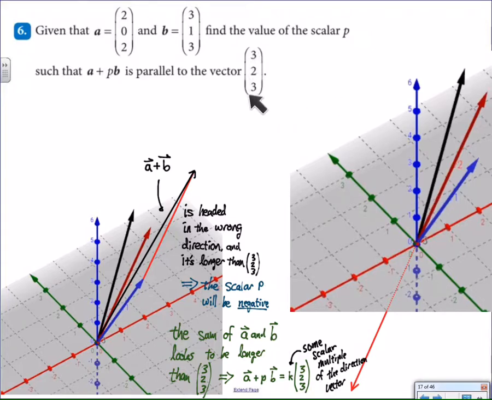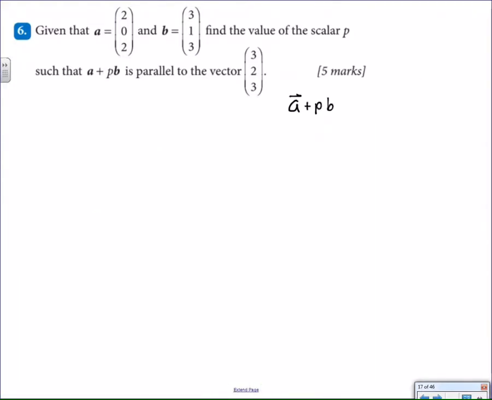So what we need to do when we set up an equation here is understand that the sum of vectors A and B, where we multiply a scalar by B, is going to be in the direction, but it'll probably be a scaled up version of the original given vector. This is the key to setting up this problem and finding an actual reasonable solution.